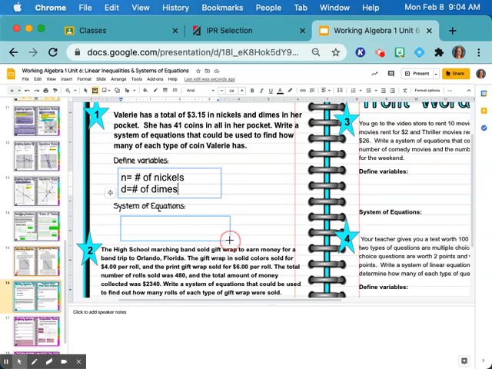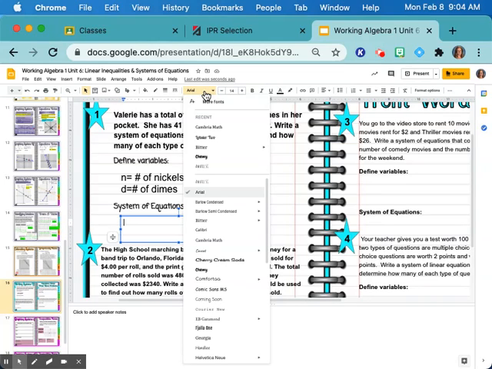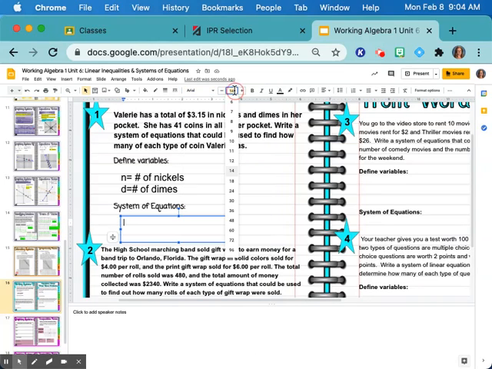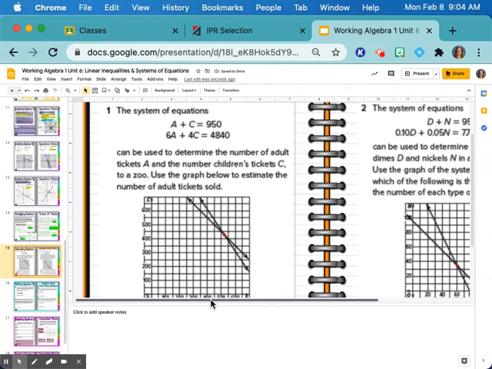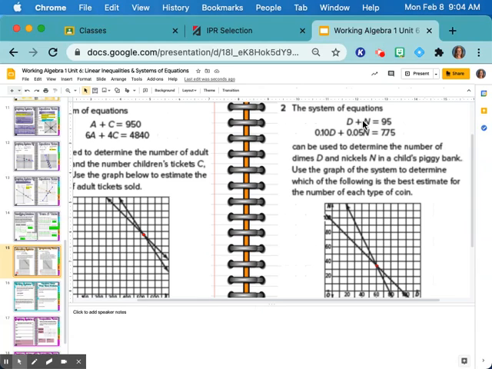Now write our system of equations. One of the equations will represent how many coins. The other one will represent how much money, just like the last one. Look at the last one that we did. It says D plus N equals 95. That's your number of dimes plus your number of nickels equals 95.